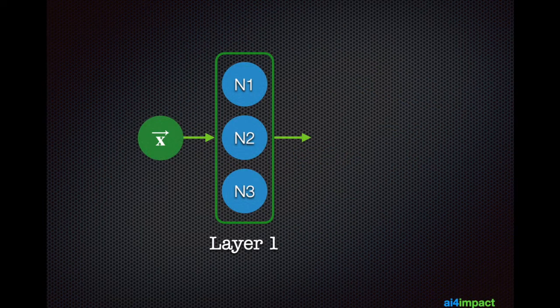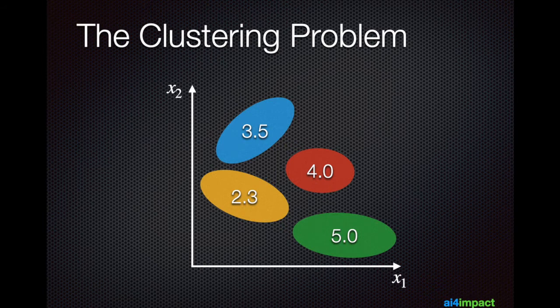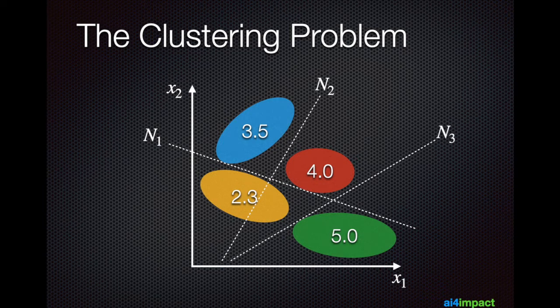Neuron N1 would be part of many neurons in the first layer. We have in this case 3 neurons, N1, N2, and N3 in the first layer. Each of these neurons would contribute a single decision boundary. So N1 could be this, N2's could be this, and N3's could be a different boundary.